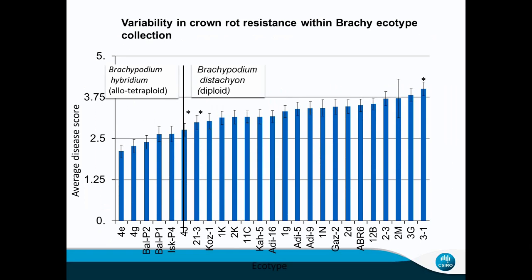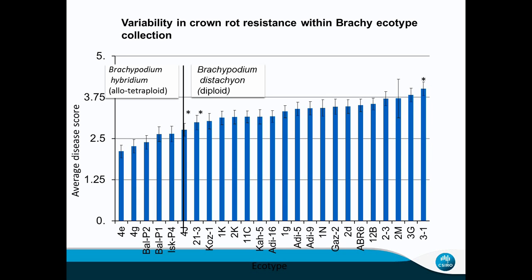Using this system, Jonathan has looked at a number of Brachypodium ecotypes available. Again, most of these are diploid species, and there are some polyploid species of Brachypodium as well.